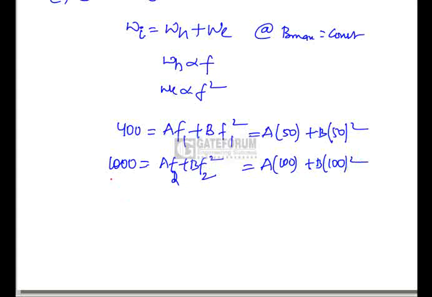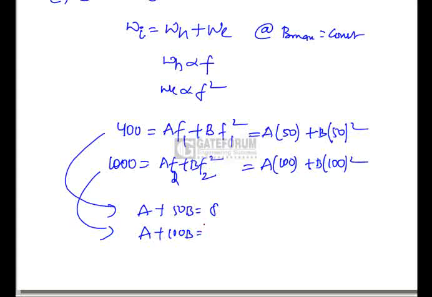This gives A plus 50B equals 8, and A plus 100B equals 10. Two variables, two equations. When you solve this, you will get A as 6 and B as 0.08. Now look at question 1: calculate the hysteresis loss at 50 hertz.